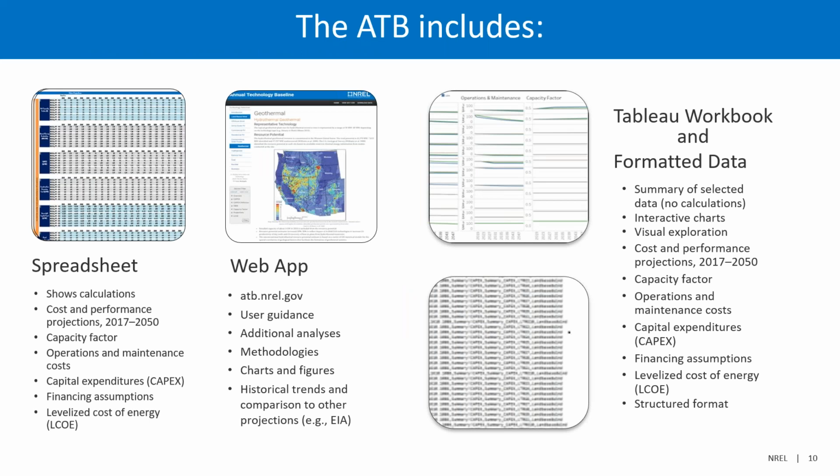So the ATB includes 4 different products. The core spreadsheet offers the data and the calculations. The web application documents the spreadsheet, and this year, for the first time, we also have a Tableau workbook and formatted data set to provide the data in a more structured way.